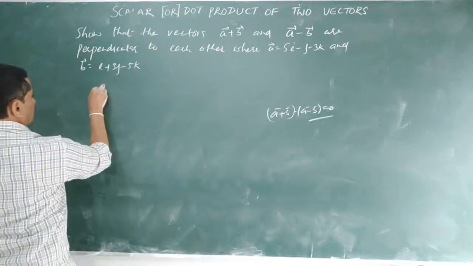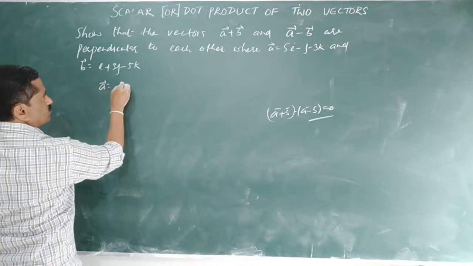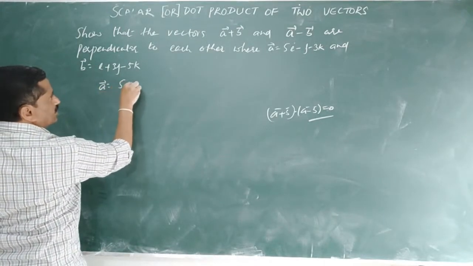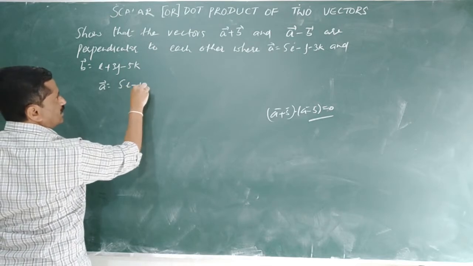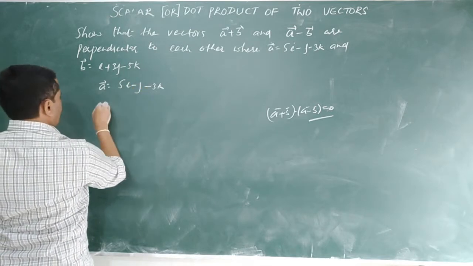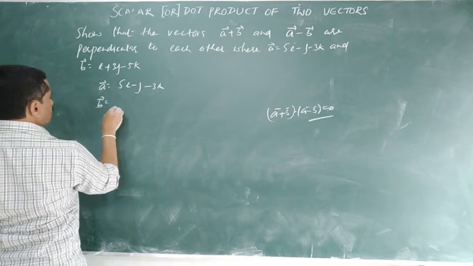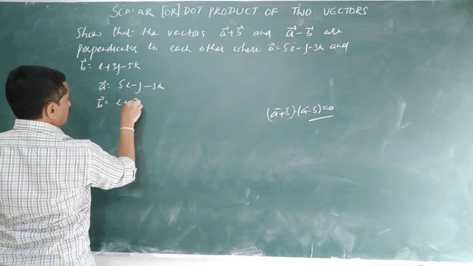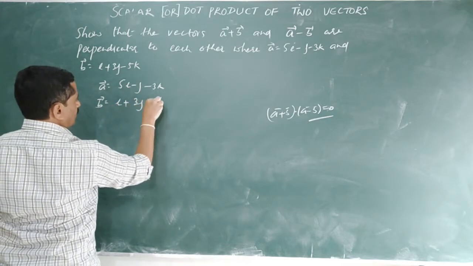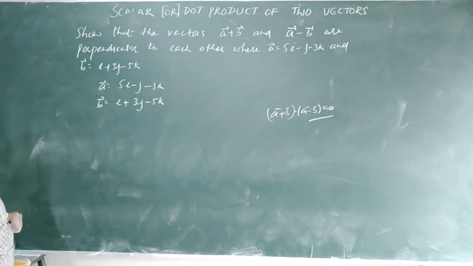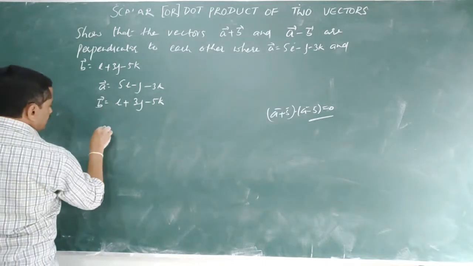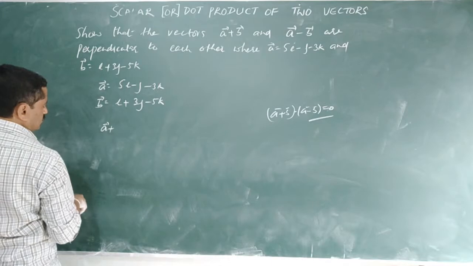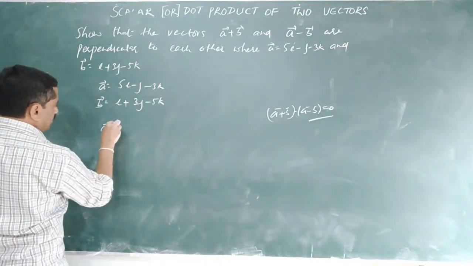So given a bar is equal to 5i minus j minus 3k and b bar is equal to i plus 3j minus 5k. First we will find the sum of the two vectors, that is a bar plus b bar.